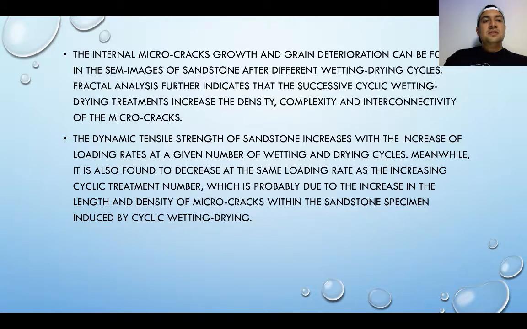Another conclusion is that internal microcrack growth and grain deterioration can be found in the SEM images of sandstone after different wetting and drying cycles. Fractal analysis further indicates that successive cyclic wetting and drying treatments increase the density, complexity, and interconnectivity of the microcracks.